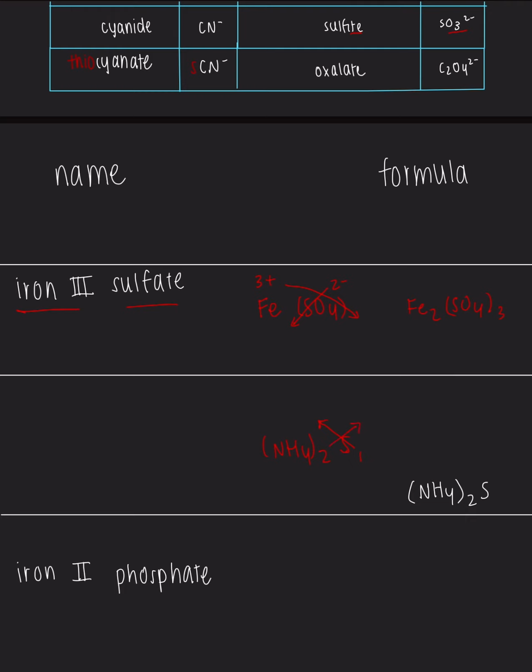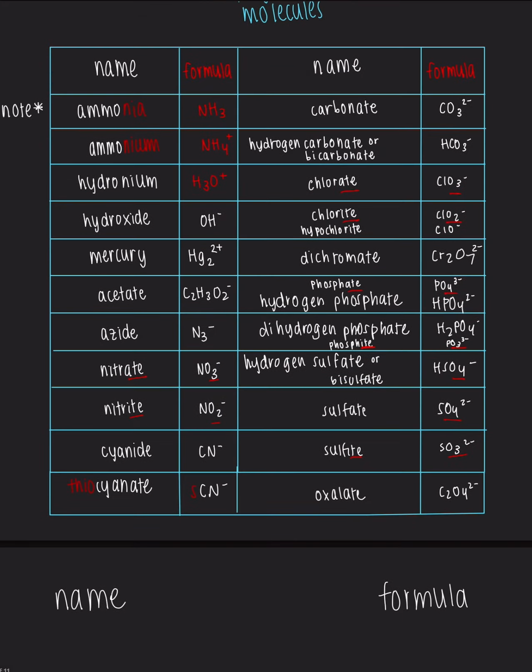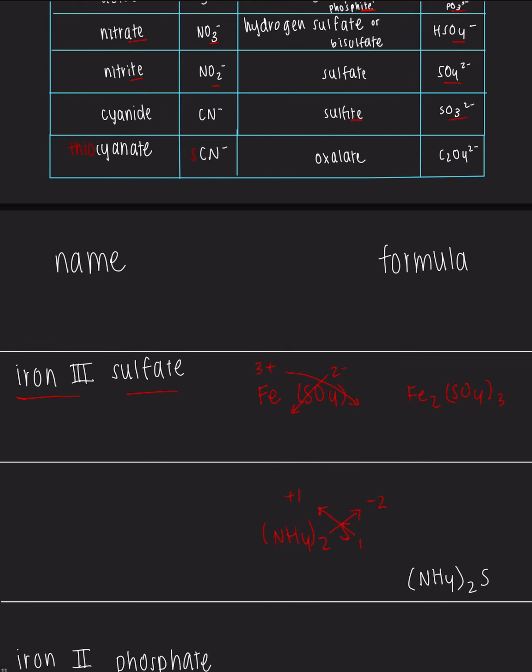So we know this is a +1, and this is a -2. So I know it's going to be ammonium, because NH4, so that's what I'm going to write, ammonium. And then it's just sulfur, so it's going to be sulfide.